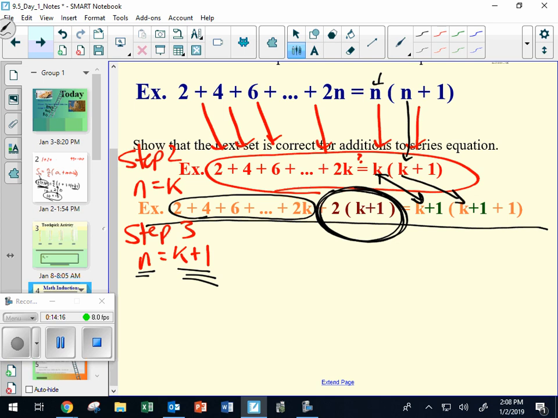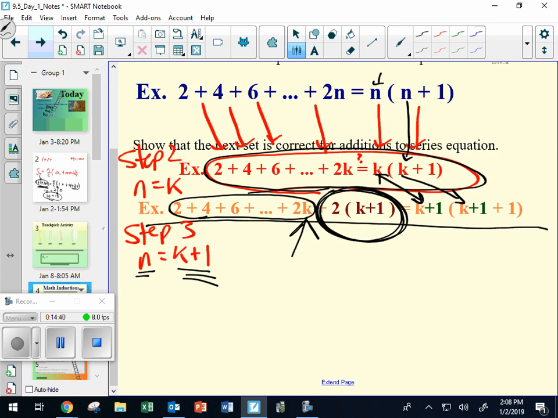So some of you, and I would get why you'd think this, some of you would think, why didn't you just change this k into a k plus 1? It would have been super simple, Mr. Server. You could have just said, take this, and wherever you see it put a k, you put a k plus 1. Well, I could do that. I could.